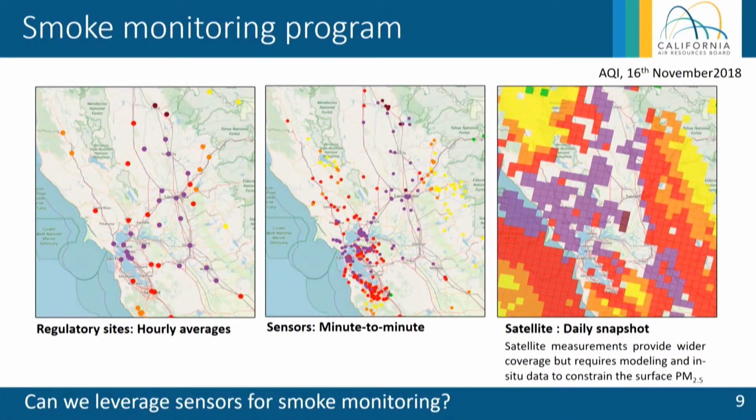With that, we provided about 400 PurpleAirs to the Air District, and we have the data minute to minute, with good temporal resolution. Also, we are working on a satellite project, but it really has to have some modeling work, but hopefully it can provide a bit wider scope. Again, here is how we are working on leveraging the sensor usage.